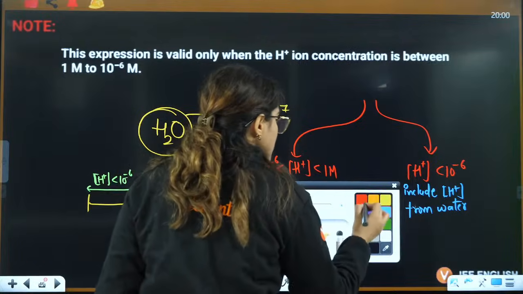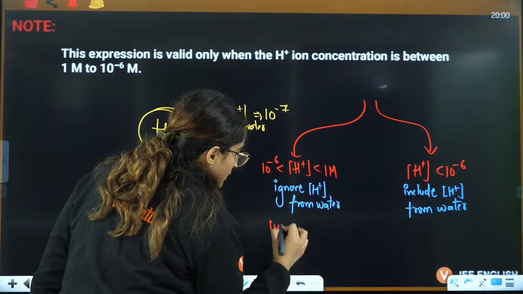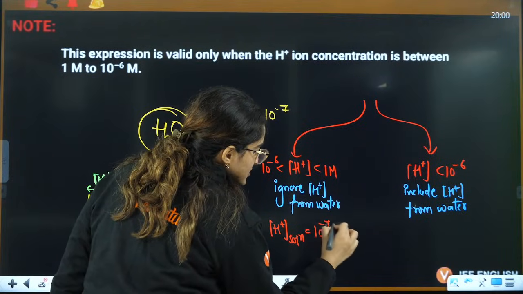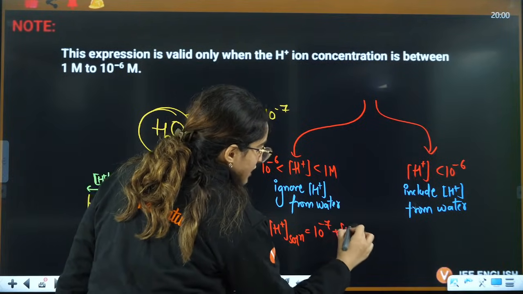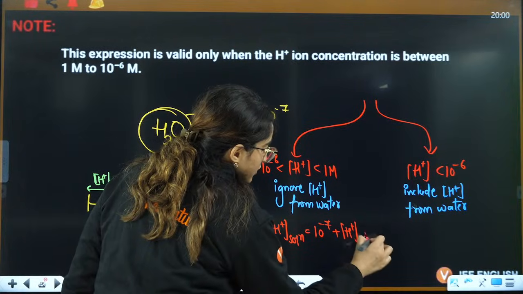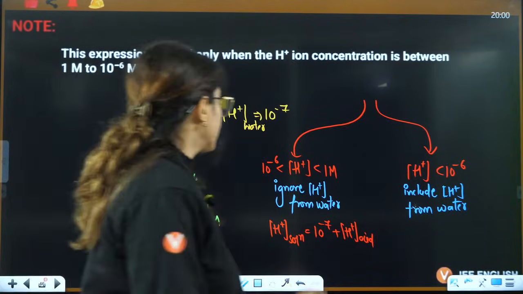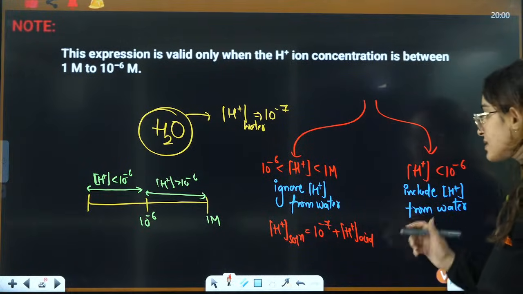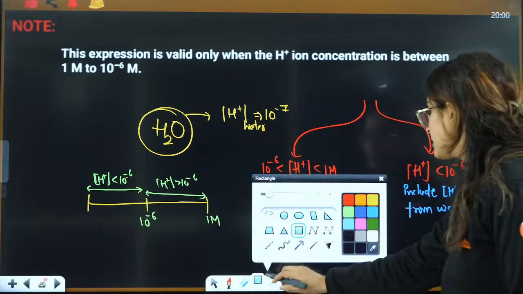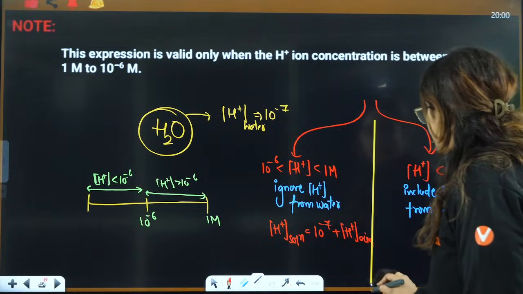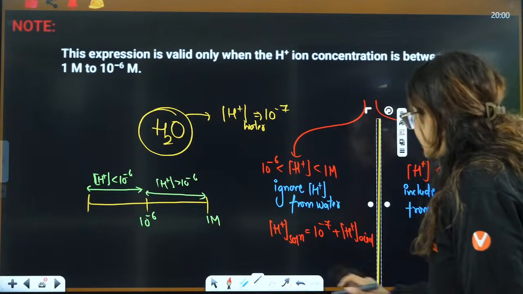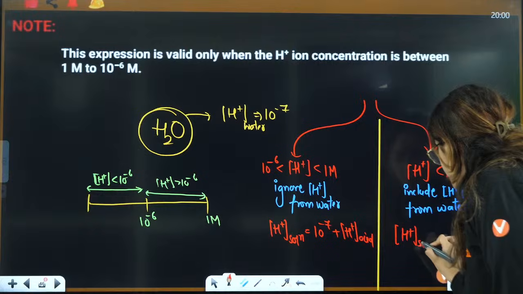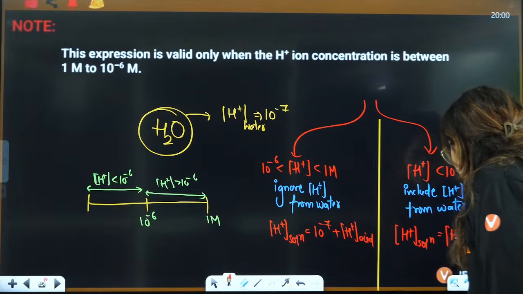That means the H positive of the solution will be 10 raised to power minus 7 from water, plus H positive of acid.